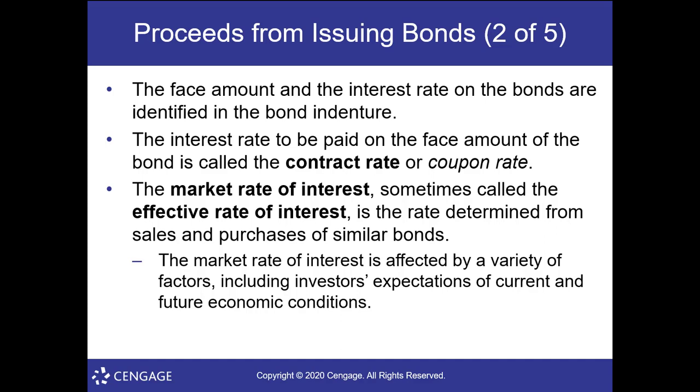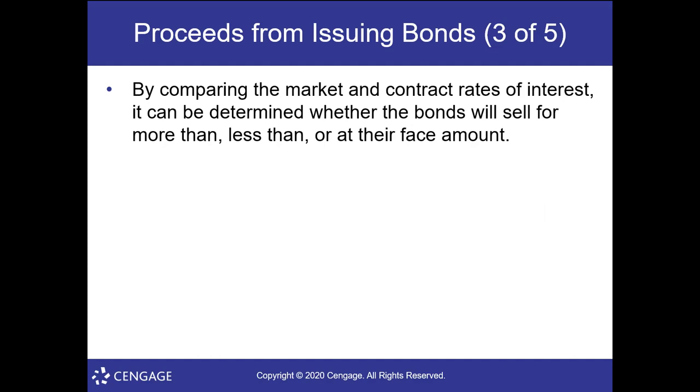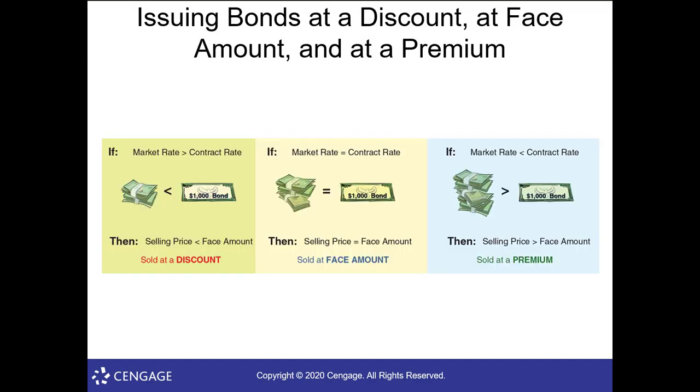Investors need higher returns for higher risk. So by comparing the market rate with the face rate on the bond, it can be determined whether the bond will sell for more than, less than, or at its face value.